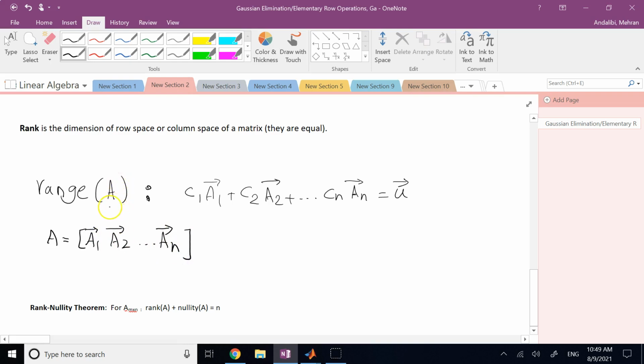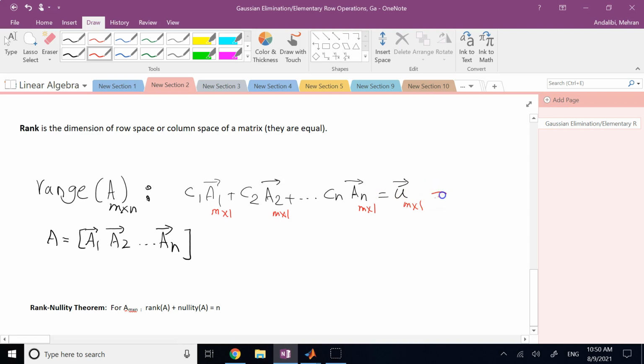And this A matrix can be in general what? M by N. So it means each one of these vectors is an M by 1. Correct? So the space of vectors M by 1, which is a linear combination of the columns of A, right? That can be called the range space of A, right?